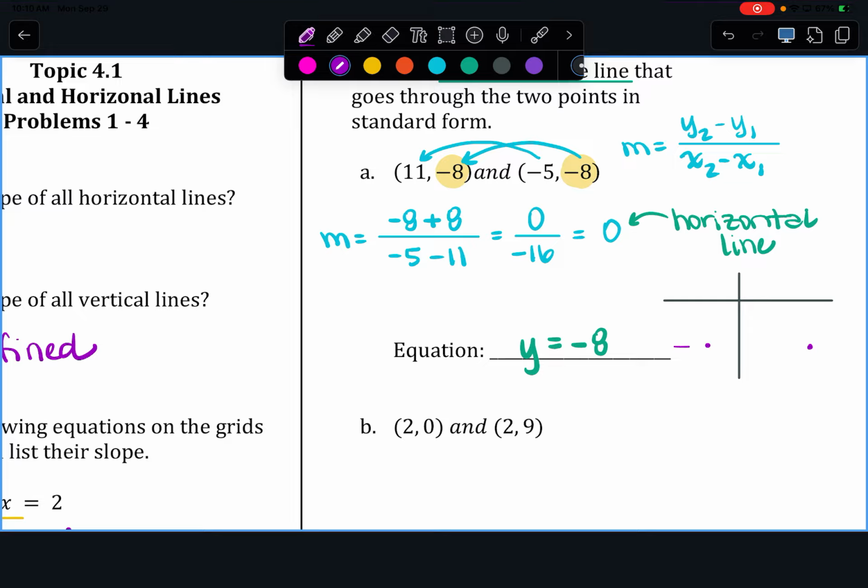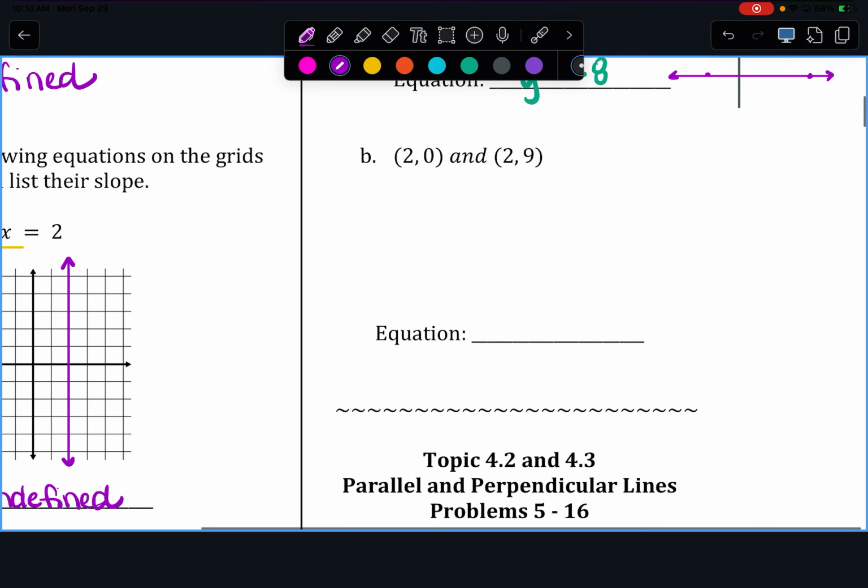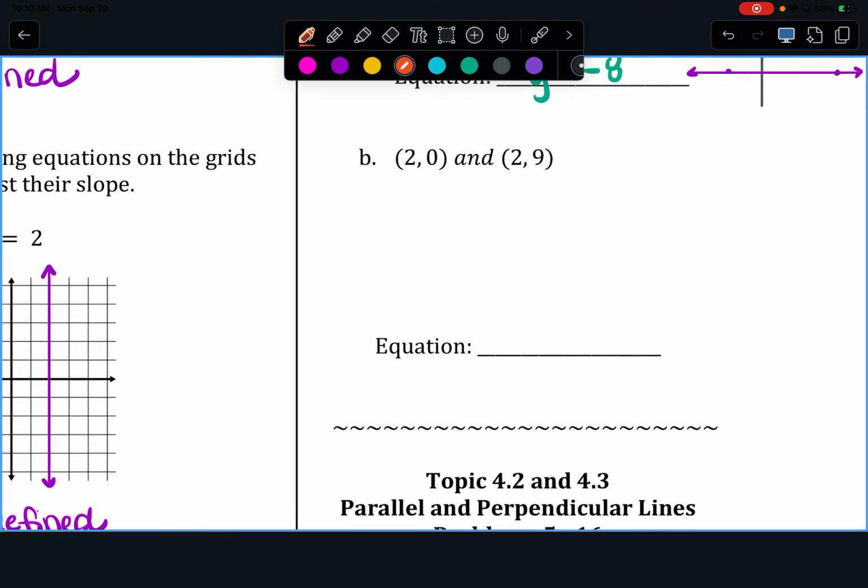So if you sketched yourself a little graph, you'd see it's a horizontal line crossing the y-axis at -8. So there are so many different ways that you can get this correct answer, but over half of us missed that on the quiz, because when we found slope, we just stopped there and didn't do anything with it, okay?